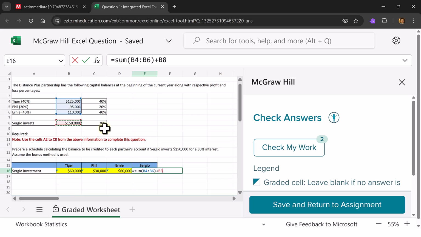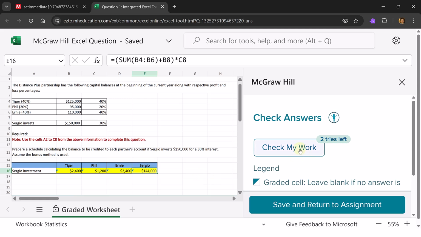So I guess I need to put in some more parentheses here. I don't have my beginning paren. Let's see if I can click right here and open paren. Okay, so adding up the three capital accounts plus Sergio's investment, so there's the total assets, multiplied by 30%, Sergio's share. And I get the same 144, but now it should be a good formula that the solution likes.